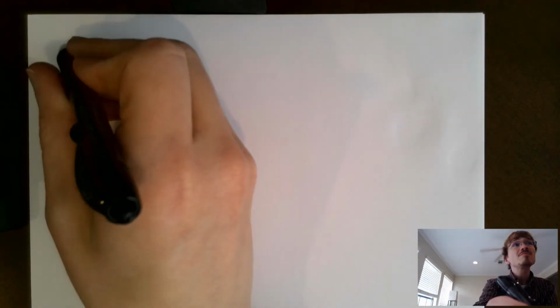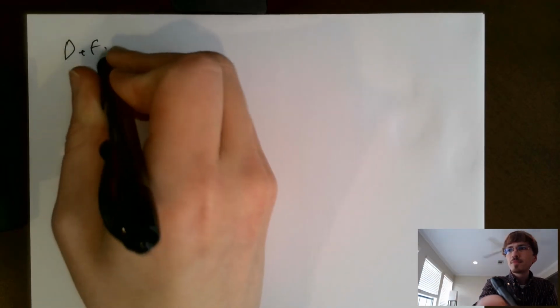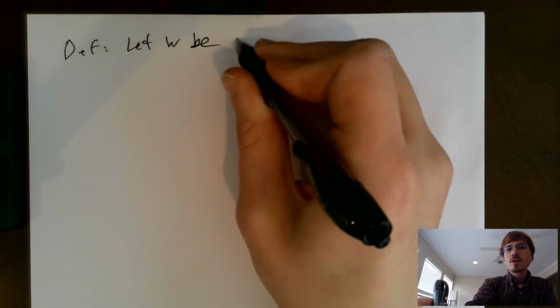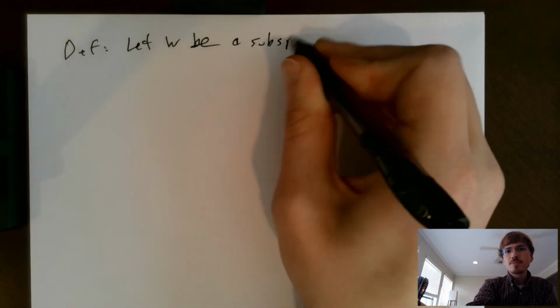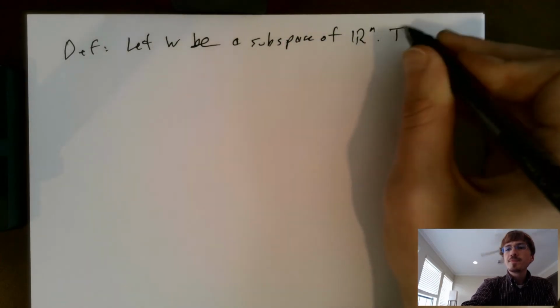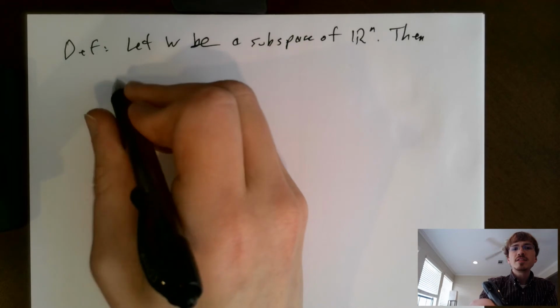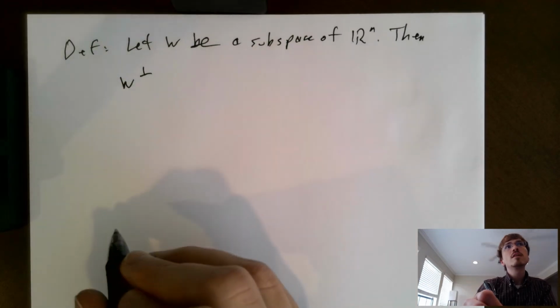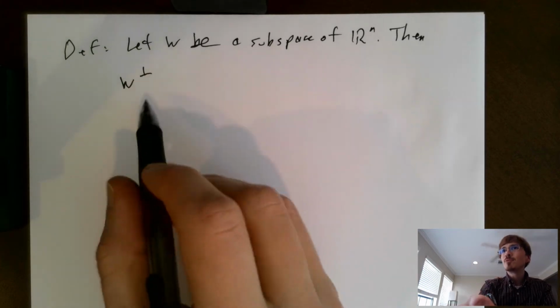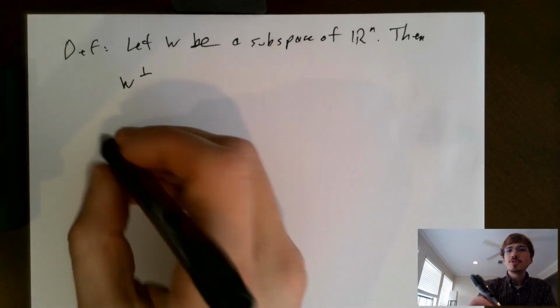So let's define an orthogonal complement. Definition. Let W be a subspace of Rn. Then we're going to define the set W, with an upside down capital T, like the perpendicular sign that you remember in geometry.